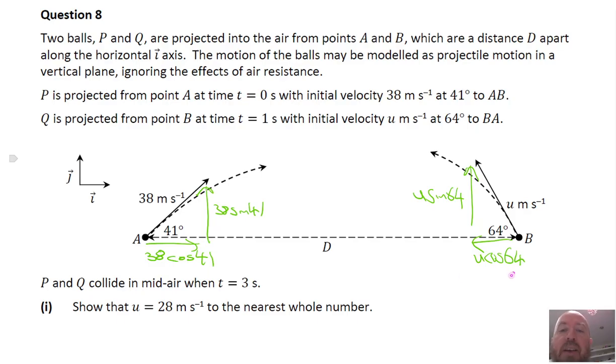When they collide, this thing has traveled an amount to here, and this Q has traveled an amount to there, and between them, they will have done distance d. So we don't need to worry about the signs, because we're just adding the two distances together to get a total distance d. I'm not sure how we're going to need that or where we're going to need it. I do know we are going to need it, but I'm not sure when we're going to use it.